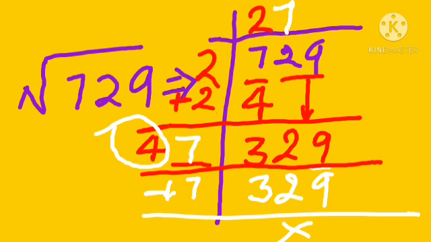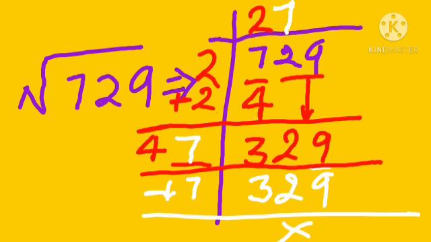Then 2 plus 2 is 4 we will get, and subtract 4 from 7. So 7 minus 4 is 3, and 29 will come downside. So we will get 329 now.